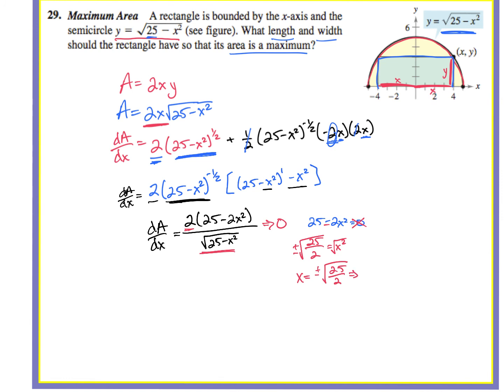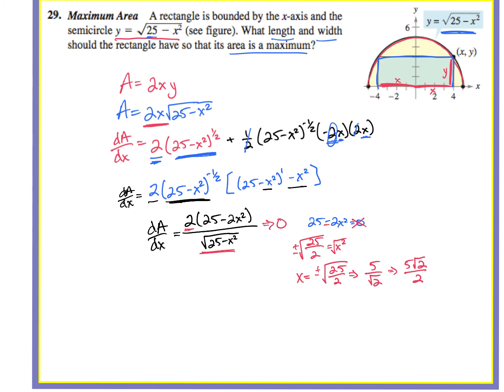Now, it doesn't really make sense to have a plus or minus because my x is going in that positive direction. So what's the square root of 25? We get 5 over square root 2, or I could even say 5 square root 2 over 2. However, that is not any of my answers to my question.